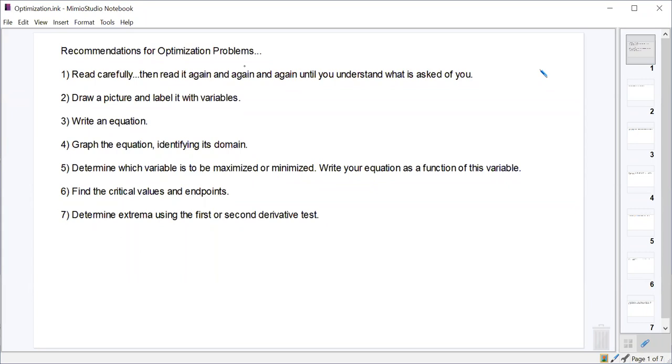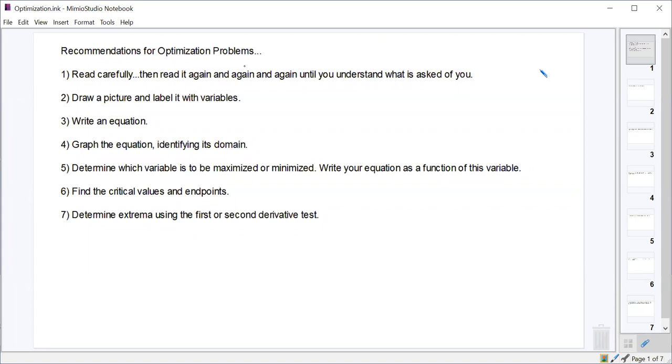Then draw a picture. Pictures are good, they will be your friend. Write out your equation. If you need to graph the equation, you don't always have to graph the equation, but it's important to look at the domain of your equation that you write. And we're trying to figure out something that's going to be at a max or at a minimum. So like, what is the maximum profit, or what is the minimum cost, or what is the maximum square footage, or something like that.